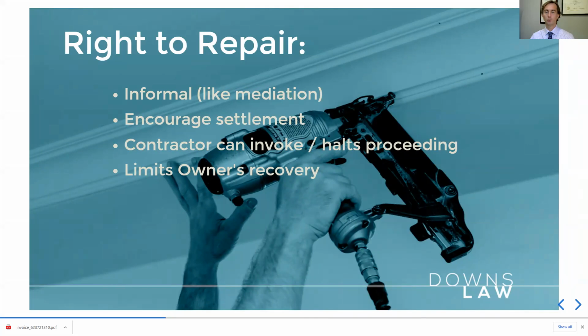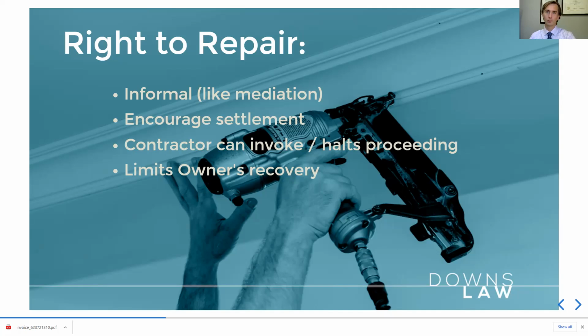And what that does is it forces the owner to go through this process to provide you written notice of the claim, provide the evidence, gives you a chance to inspect, propose a reasonable repair, and all this occurs while the lawsuit is stopped, so that y'all have an opportunity to do this.